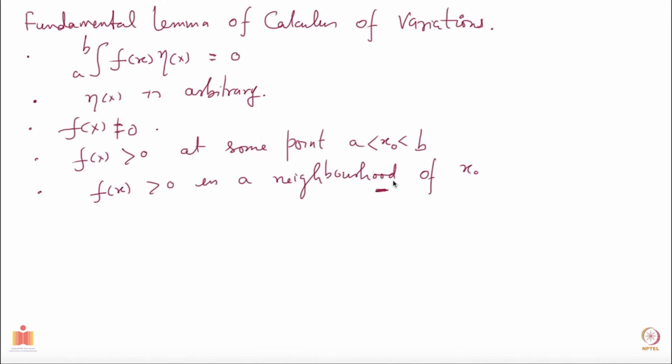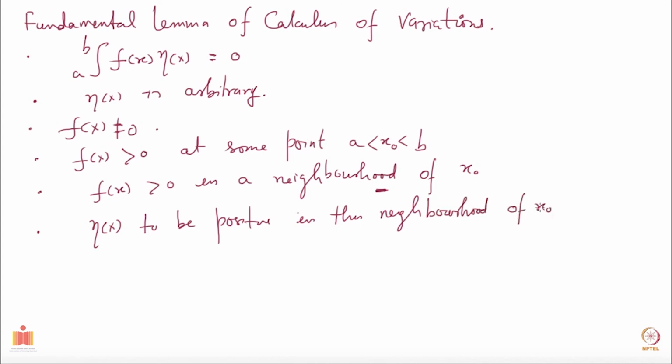So when it is outside the neighborhood, the function is 0, and within the neighborhood, it takes a positive value. So let me say we take eta of x to be positive in this neighborhood of x naught, and 0 outside.